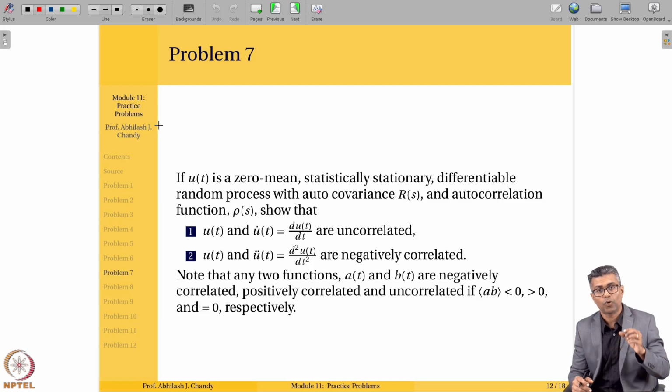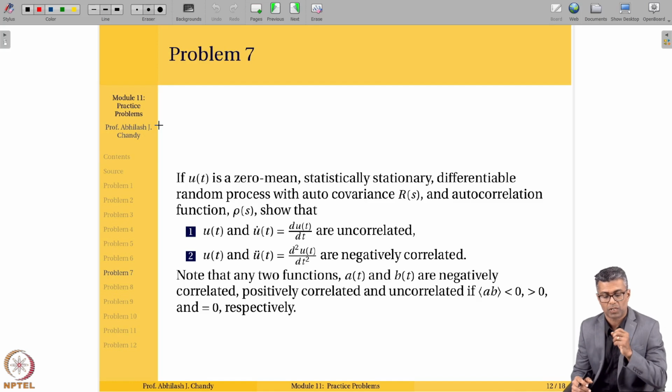So if the covariance of AB is less than 0, it is negatively correlated. If the covariance of AB is greater than 0, it is positively correlated, and if the covariance of AB is equal to 0, it is uncorrelated.